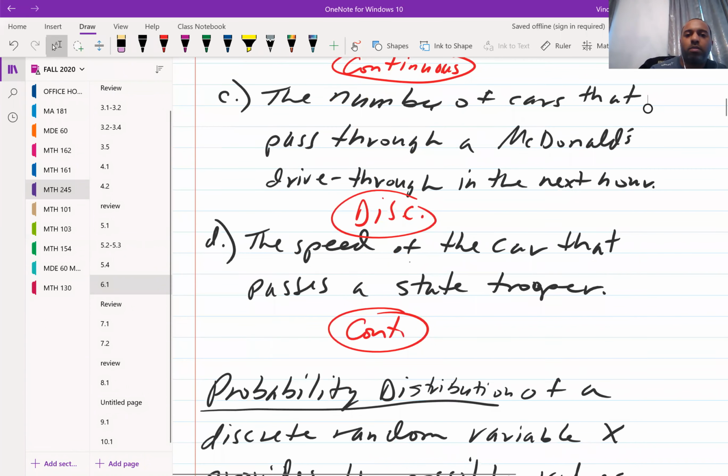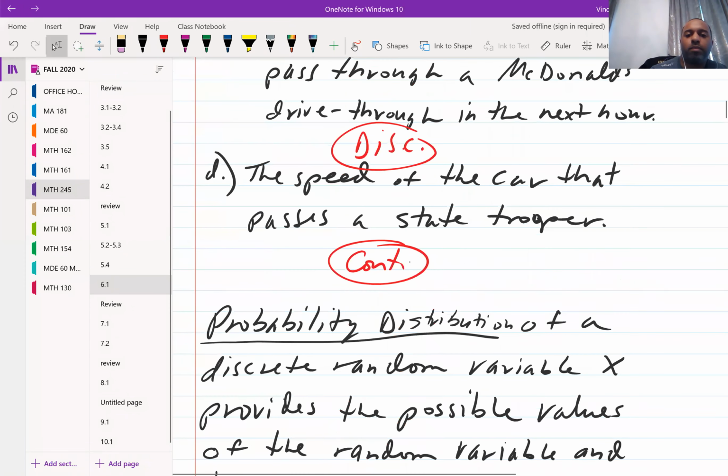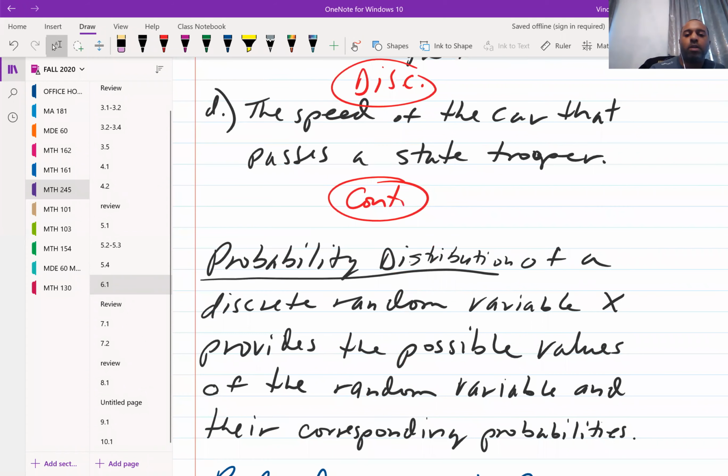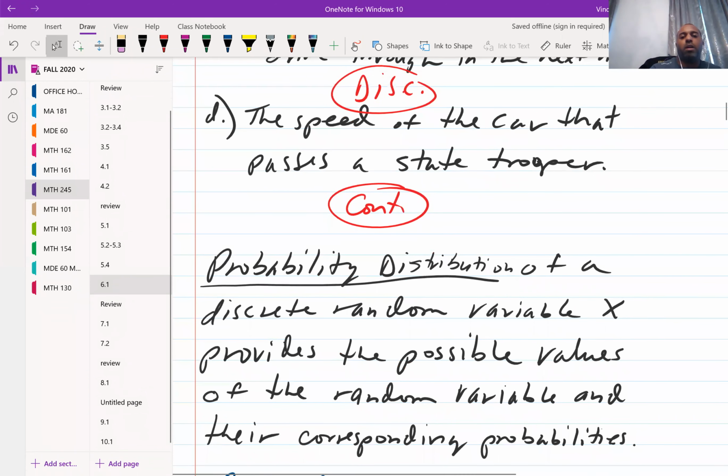All right, the probability distribution of a discrete random variable x provides the possible values of the random variable and their corresponding probabilities.